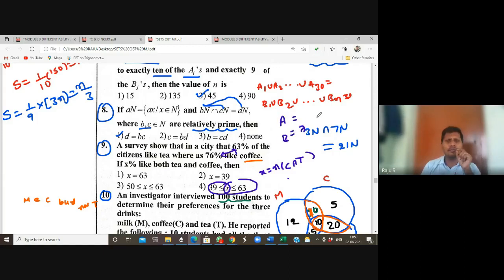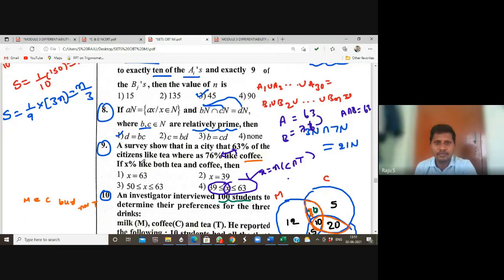What is the maximum number of common elements? 63, sir. Because 1 to 63 you can take as A, 1 to 76 you can take as B. So A intersection B becomes 63. Right, absolutely right. The fourth option is correct.